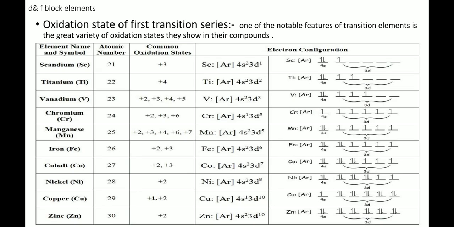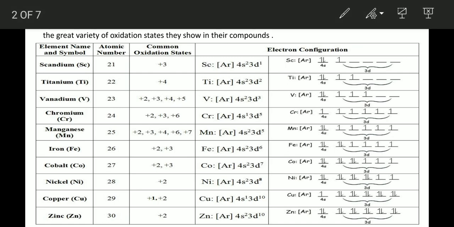This variability in their oxidation state can take place because of the incomplete two outermost shells. As we know, during the electronic configuration, the differential electron enters the penultimate shell, therefore the outermost two shells are incomplete, and due to this reason they show variable oxidation state.